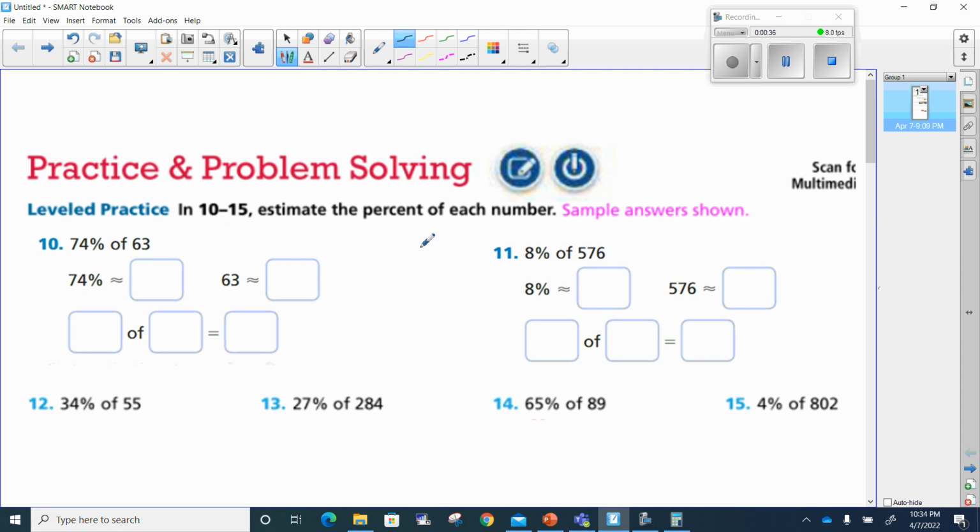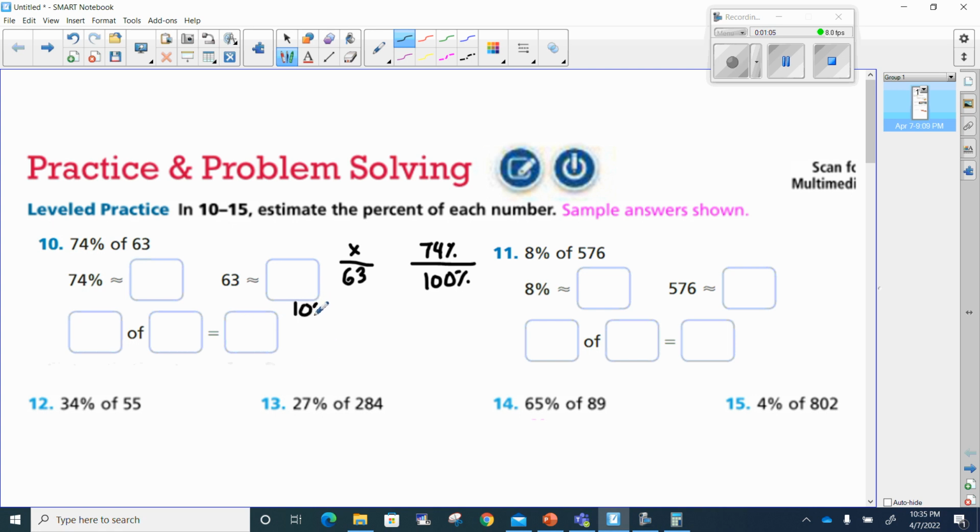74% of 63. If we have 74%, then we know it has to be over 100%. The minute it said of 63, we know 63 is on the bottom, because the percent is on the top and the of is on the bottom. So we're looking for x. This means we're going to have 100x.